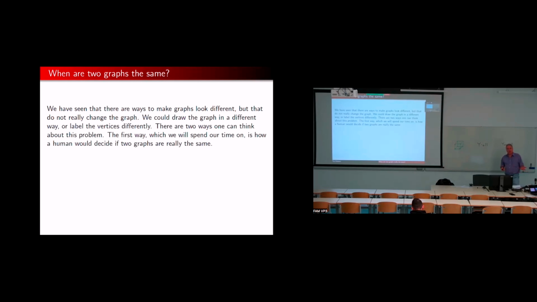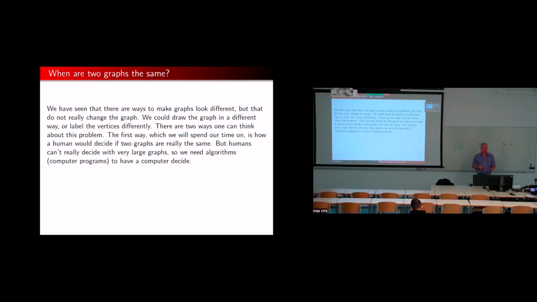Well, I call it the first way. This is what we're going to spend our time on, and this is what humans would do. So if you were sitting at home and you had 2 graphs and you wanted to know, are they isomorphic? How would you do it? That's what we'll focus our time on. But if your graph gets too large, there's too many vertices, too many edges, it's almost impossible for a human, quite frankly, to even draw a graph with, say, 3,000 vertices, if you like.